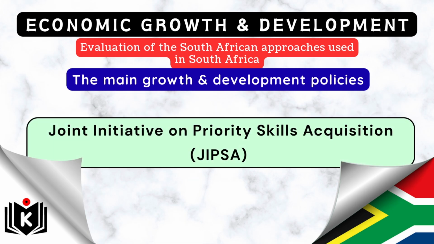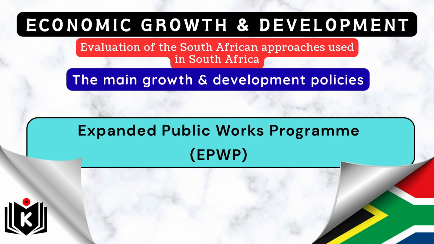Linked to ASGISA, the Joint Initiative on Priority Skills Acquisition, or JIPSA, worked to build skills through training bodies like the SETAs. As indicated, the Expanded Public Works Program, or the EPWP, has been an important program for creating short-term jobs through labor-intensive methods while giving workers basic skills.